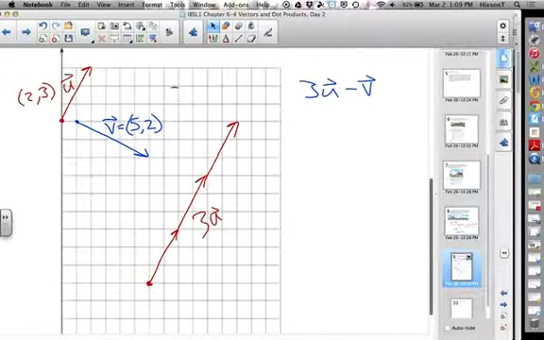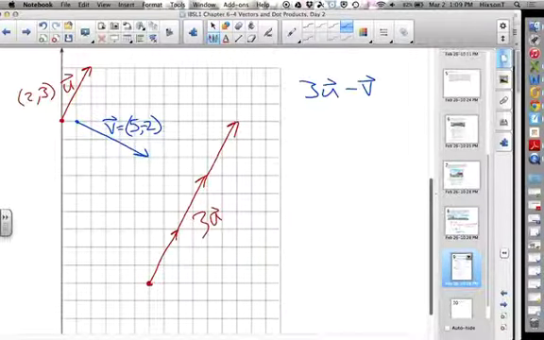Doesn't matter where it is. Instead of going to the right 5, I go left 5, and instead of going down 2, I go up 2. So I end up here. The end result, my resultant vector, is that.